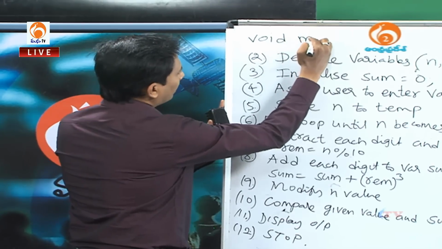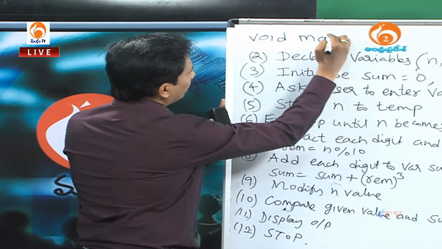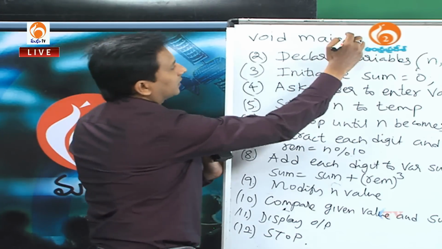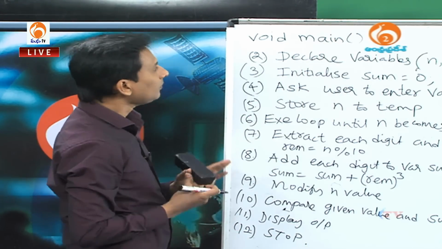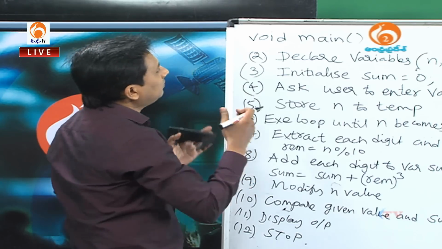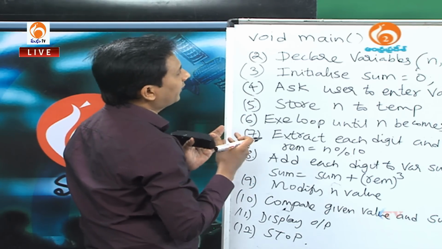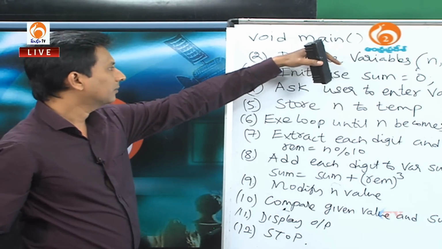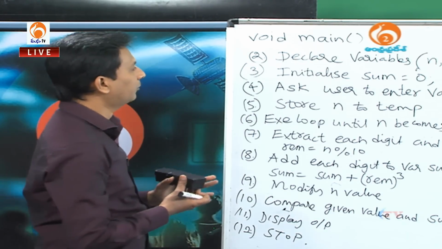Main is a special user defined function. Every C program starts with the main function. Execution starts with the main function.